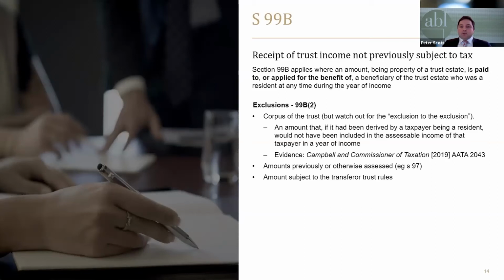The second is a little bit more nuanced, and that's where you have an amount that's applied for the benefit of the beneficiary, and we'll move on to Section 99C shortly, which provides a bit more colour to that. Some examples where you might have Section 99B applying would be very simply a cash distribution from a foreign trust to an Australian beneficiary, so that's relatively straightforward.